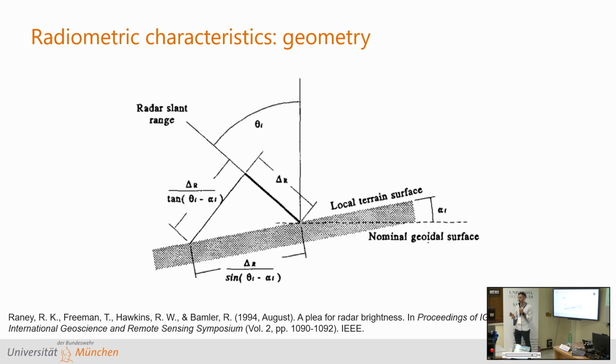So we will always need to understand what reference the data was radiometrically corrected with respect to. Here is just to show you that if we have a slope, then we should take it into consideration, and I will show you this transformation later. So this is the ellipsoid or the digital elevation model, and this variation, this slope.